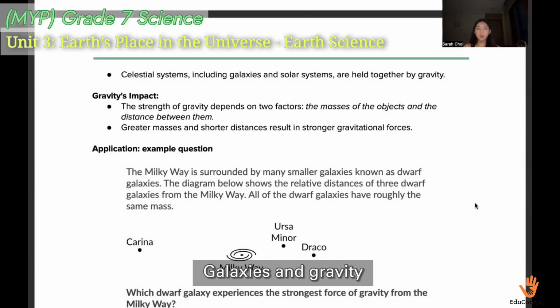So now we'll go more in depth about gravity's impact. The strength of gravity depends on two factors, which are the mass of the objects and the distance between them.